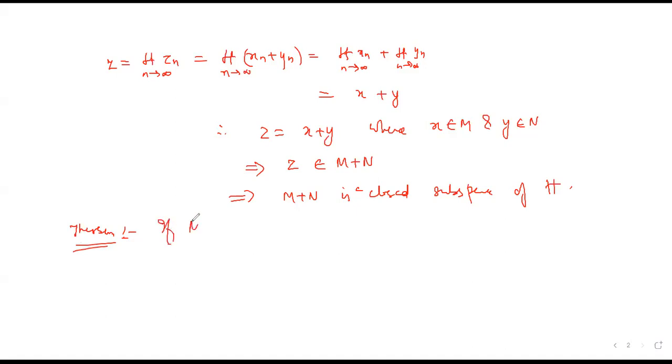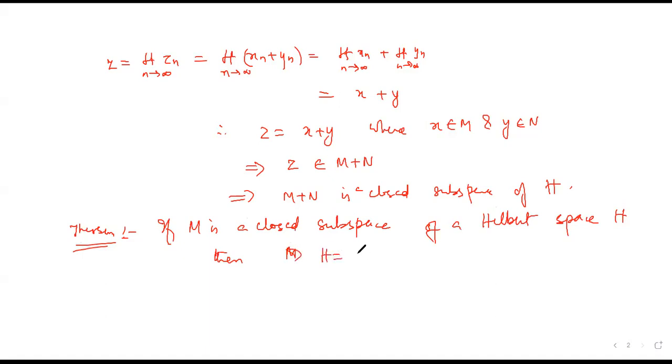If M is a closed subspace of a Hilbert space H, then H can always be written as M direct sum M perp. ठीक है? Proof.